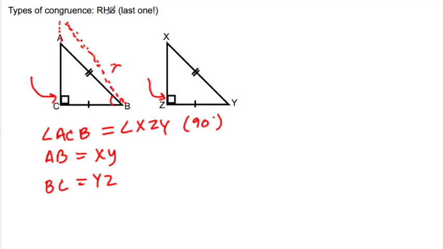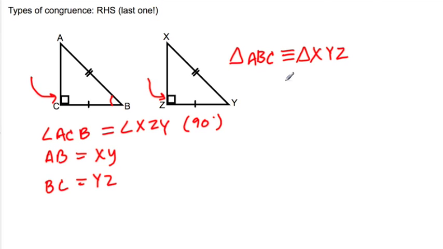That is why the right angle hypotenuse side test is different from the angle-side-side test. So what we can say ultimately is that triangle ABC is congruent to triangle XYZ due to the right angle hypotenuse side test.